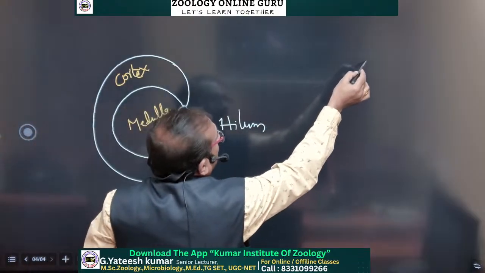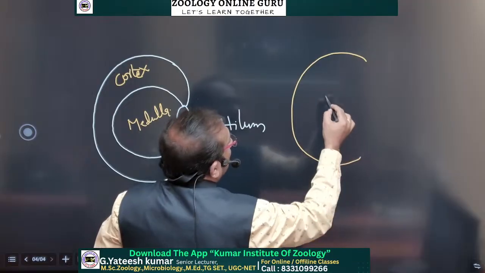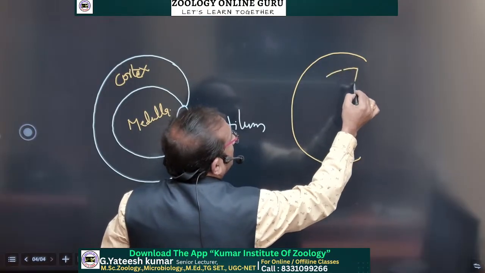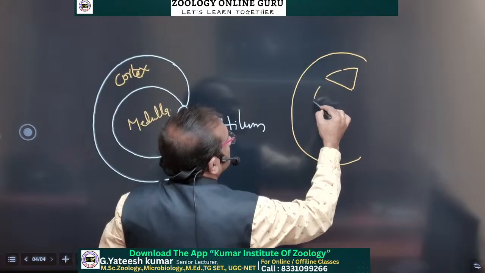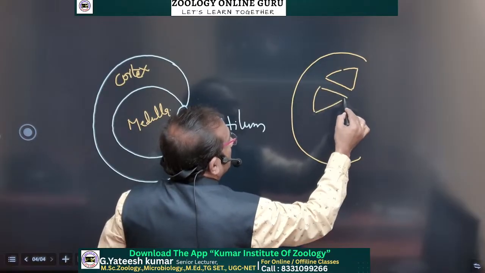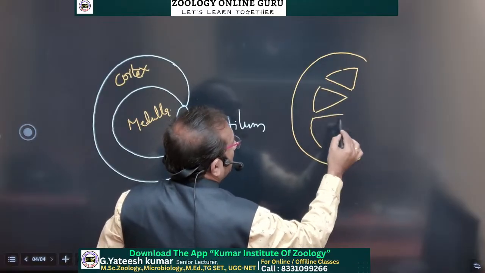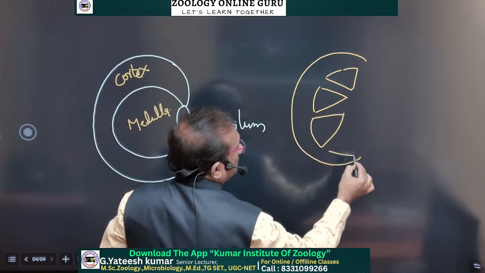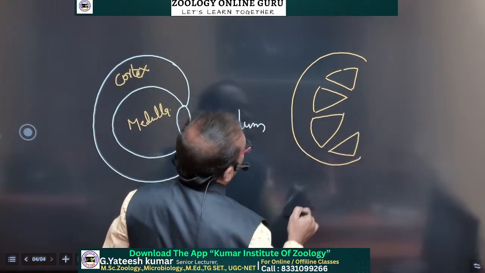Coming to the medulla, the medulla is in the form of triangle structures, and these triangle structures are known as renal pyramids.